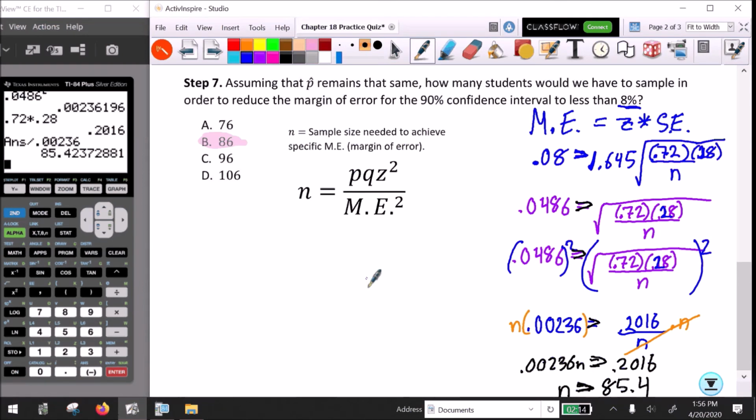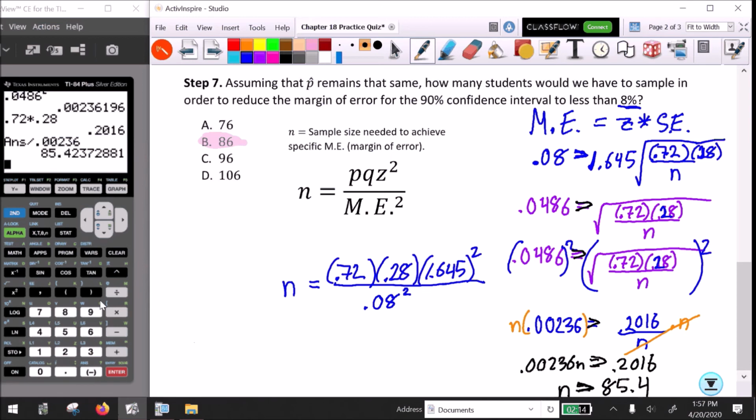So PQ times Z squared, Z being the critical value associated with our confidence level. Since we were talking about a 90% confidence level, we're going to use this as our Z value. The margin of error that we were trying to achieve is 8% margin of error, and this will give us our sample size.